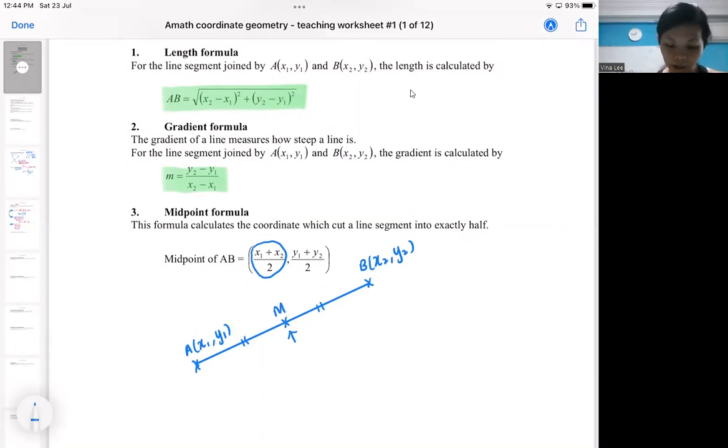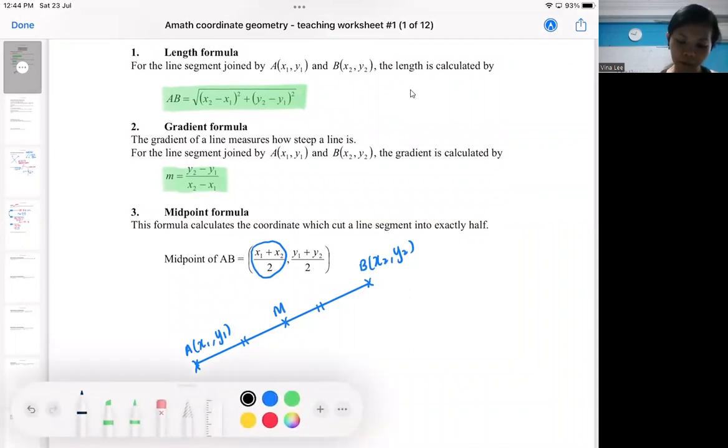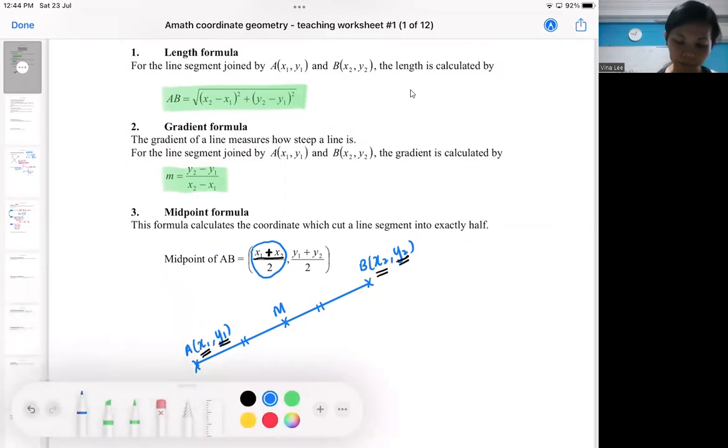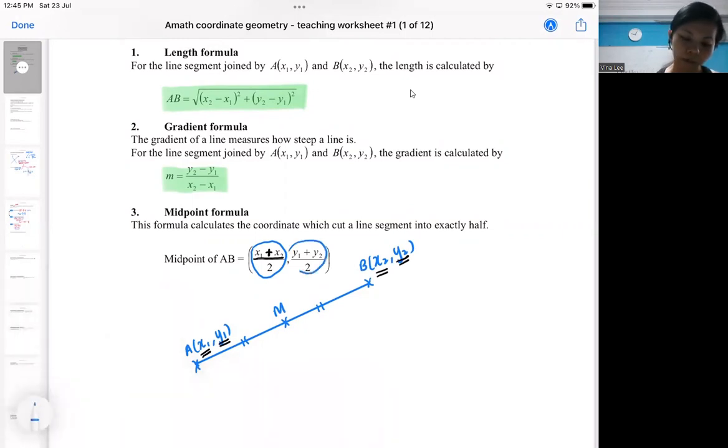So we cut it into half by sharing the x coordinate. So what do we mean by share? That means you add the two coordinates and then you divide by 2. So we also share the y coordinate and then you divide by 2. So it will cut a length into half.